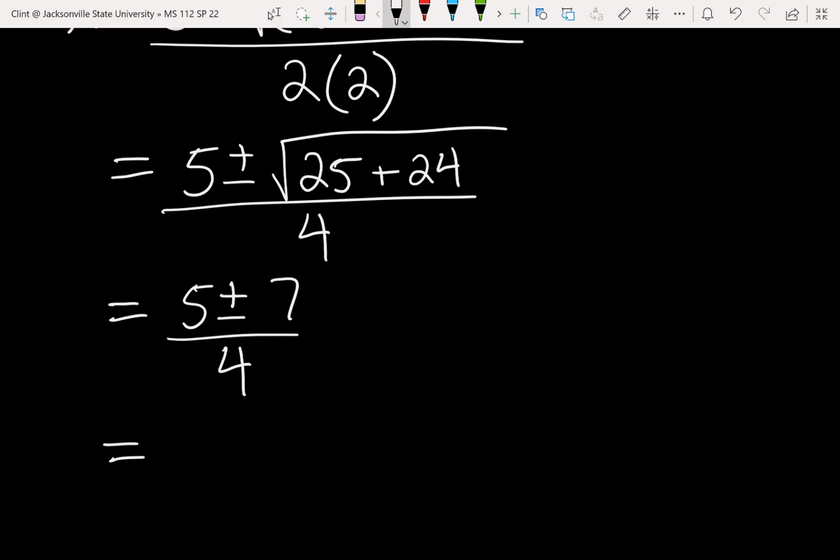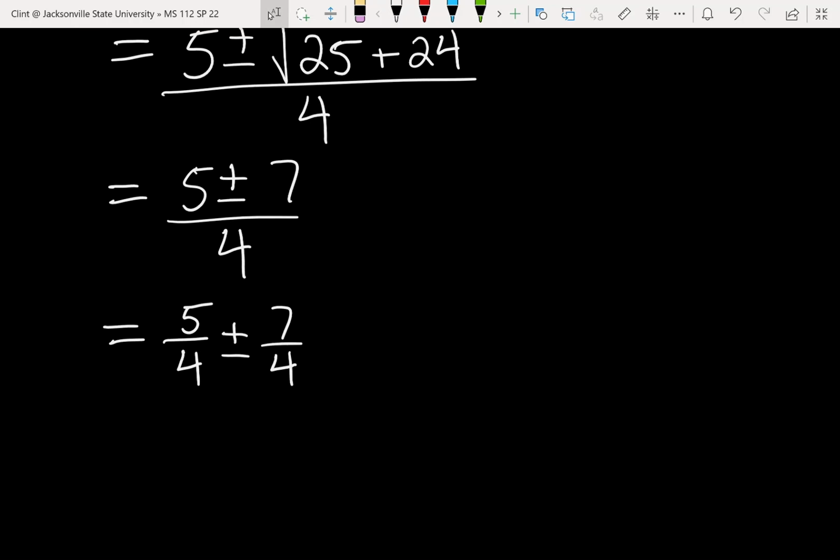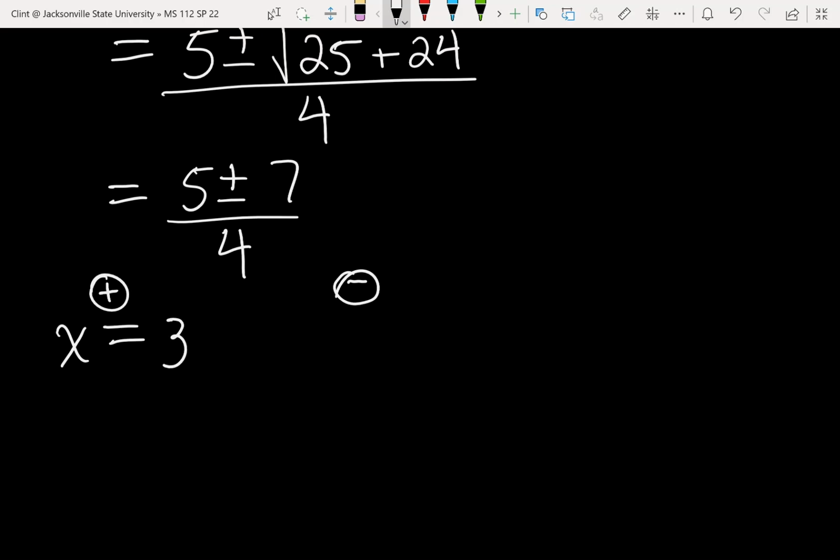So what do we get? We've got 2 solutions. If we use the plus, 5 plus 7 is 12 over 4, which is 3. Use the minus: 5 minus 7 is -2 over 4, which is -1/2.